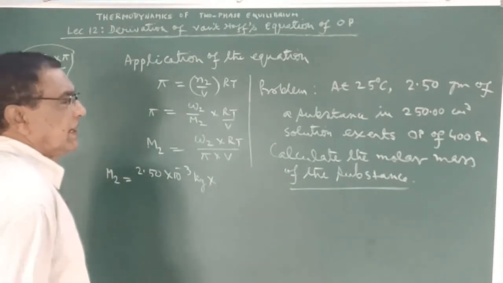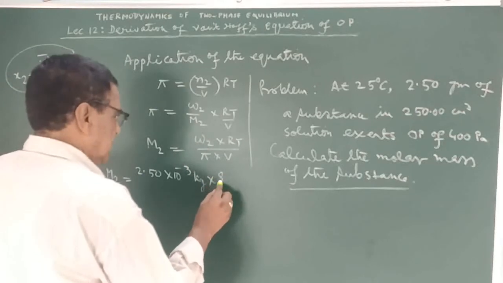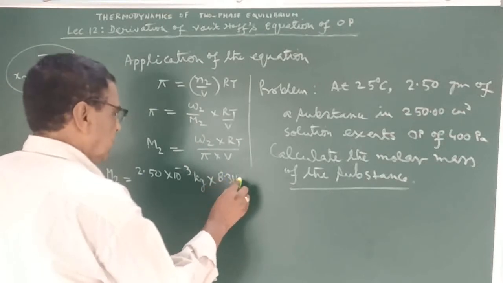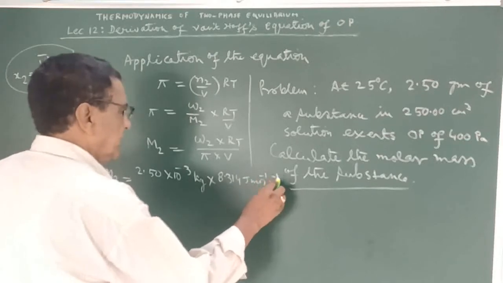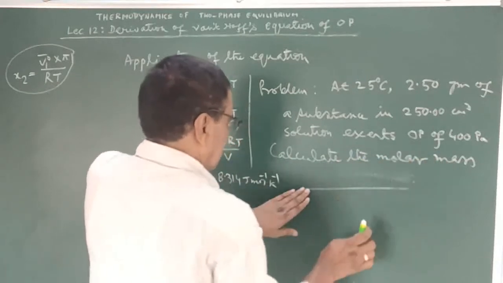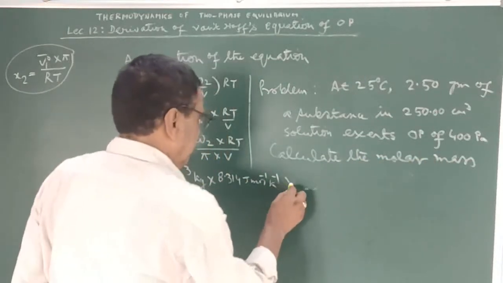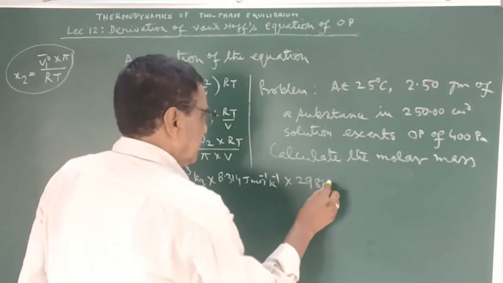The value of R is 8.314 joule mole inverse Kelvin inverse, and temperature is 298 Kelvin.